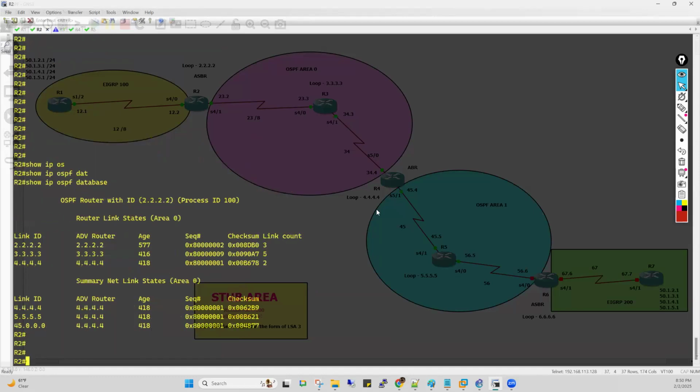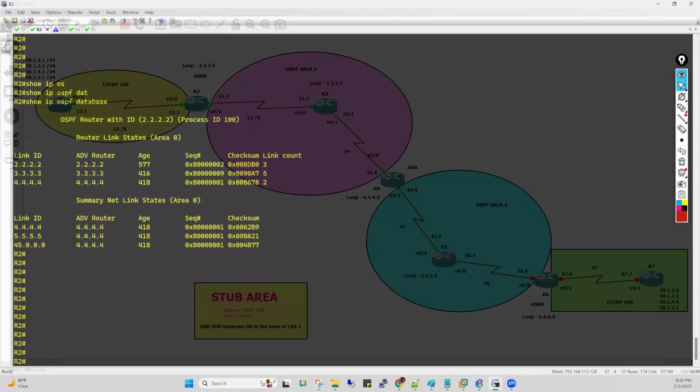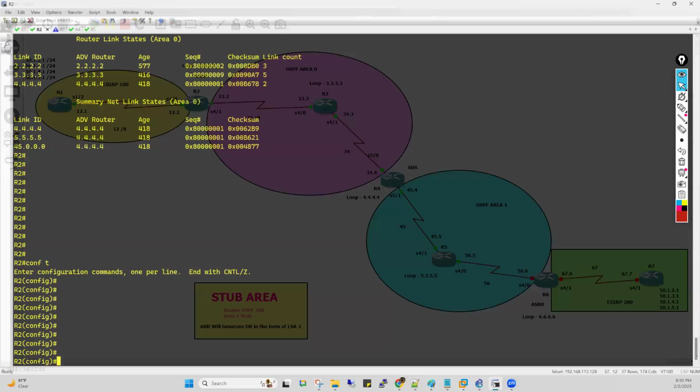So how can we perform the redistribution? Please write the command very carefully. If you guys have a copy and pen, please write it down, otherwise you will miss it because this session is not recorded. So what is the command, guys?